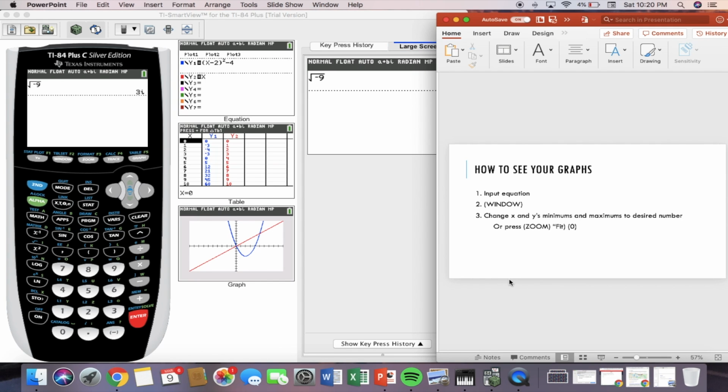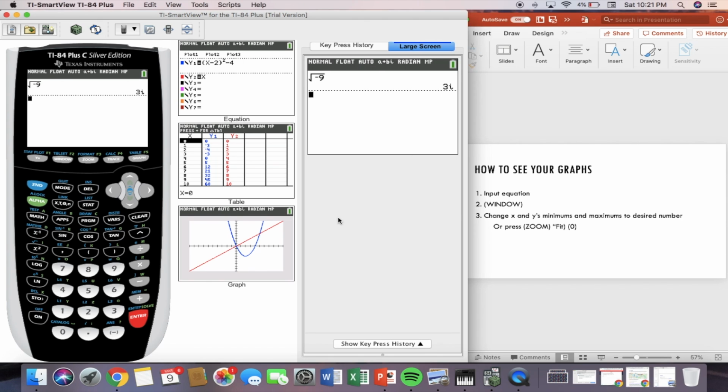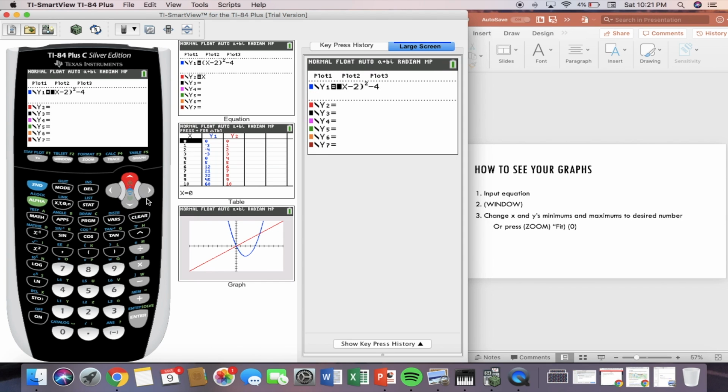Now finally, the last thing I want to show you is how to see your graphs. So let's just say I have a graph that is just way out of the standard window. Or let's go, so x minus 2 squared minus like 30.